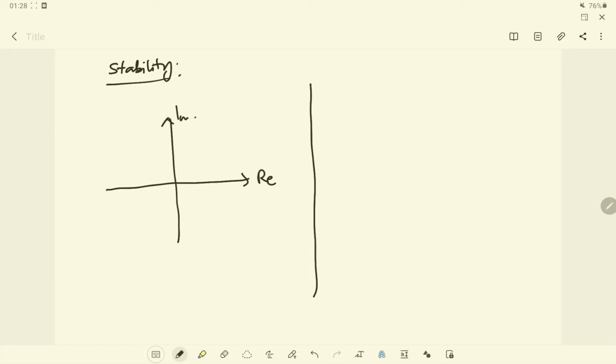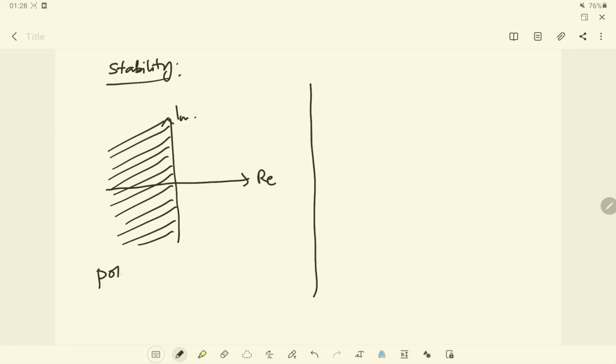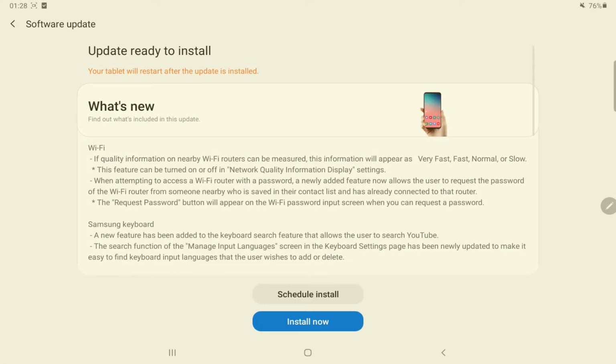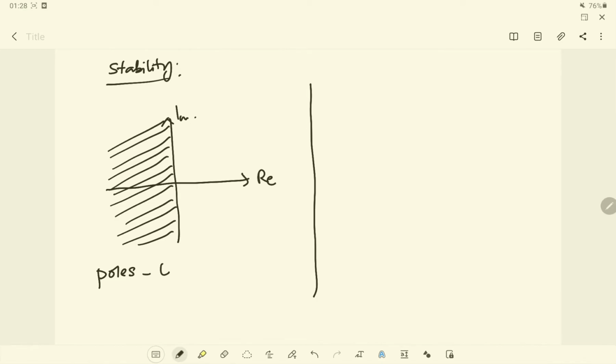For systems where the poles are located on the left hand side of the S-plane, the system is stable.